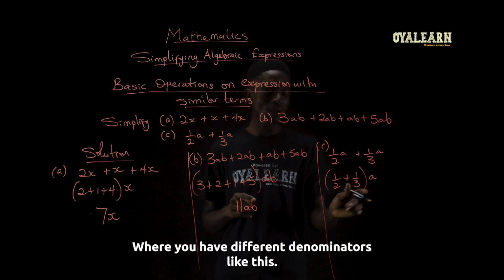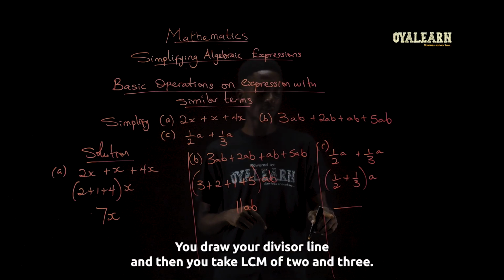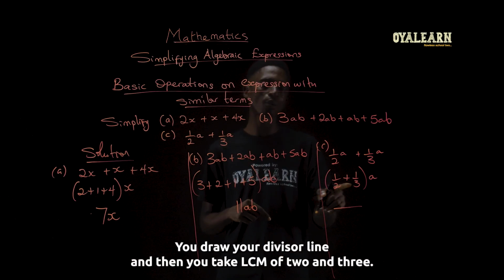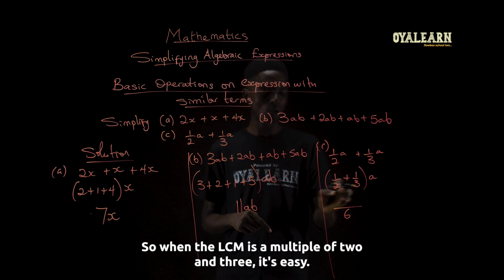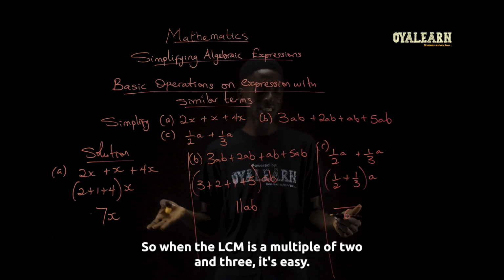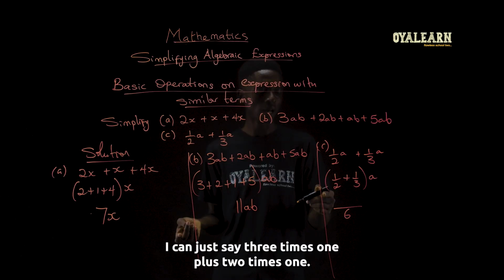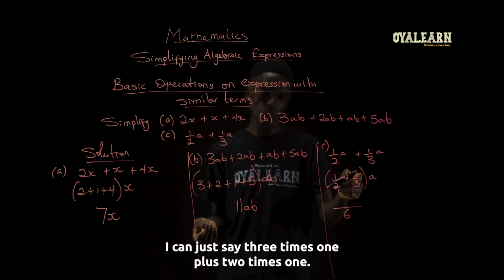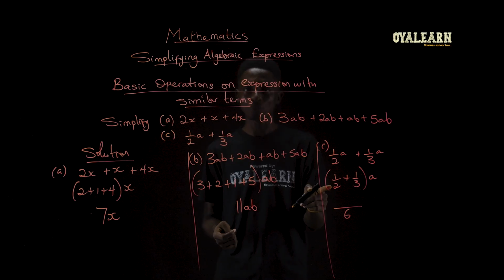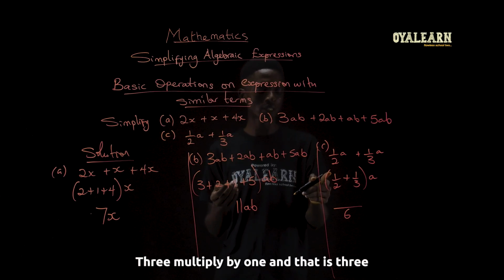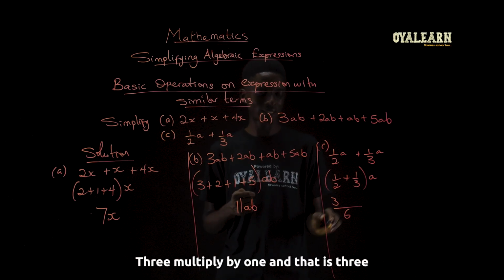When you have different denominators like this, you draw your divisor line and then you take the LCM of 2 and 3, and that will give you 6. When the LCM is a multiple of 2 and 3, it's easy. I can just say 3 times 1 plus 2 times 1. Another way to go is to say 6 divided by 2 gives you 3, 3 multiplied by 1 is 3.